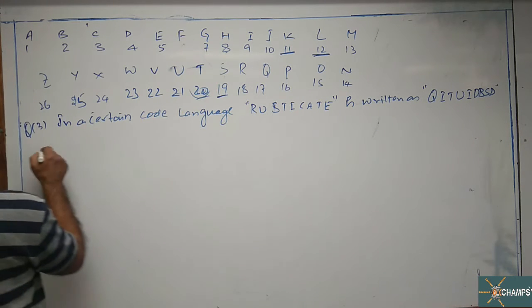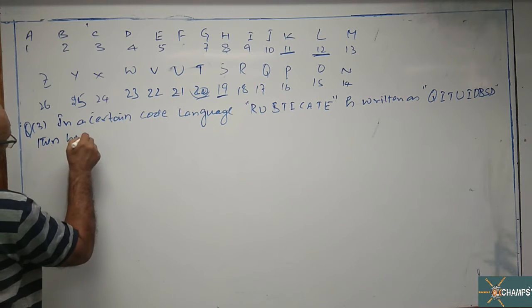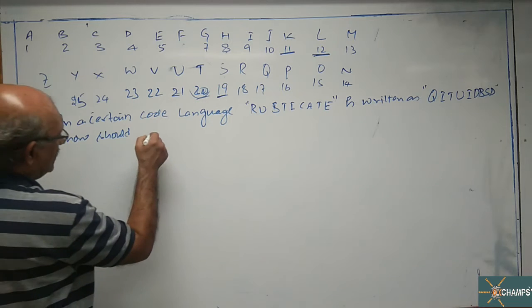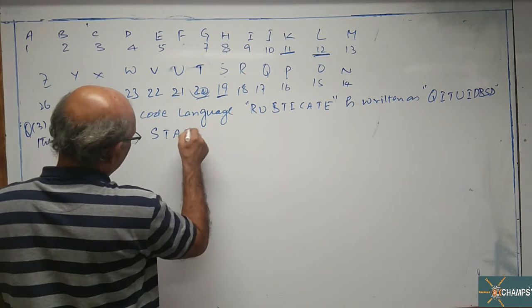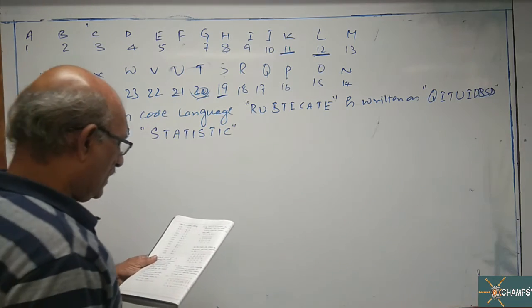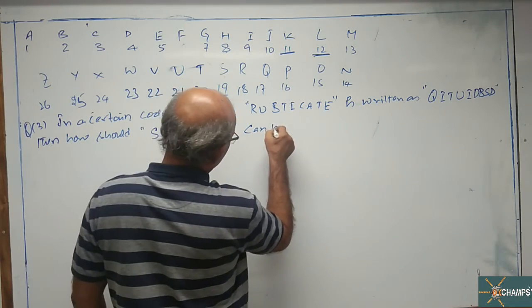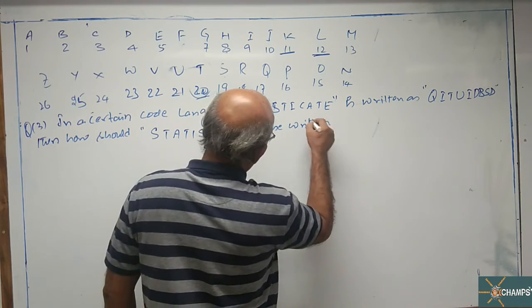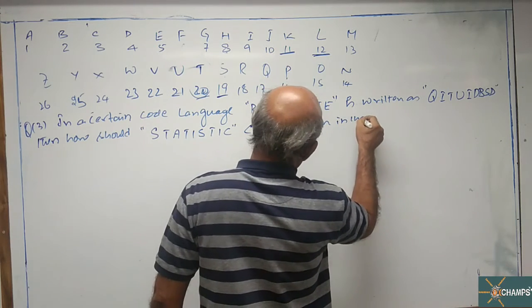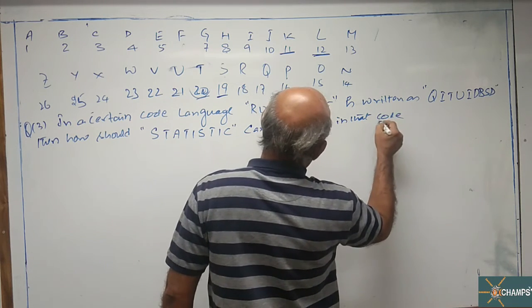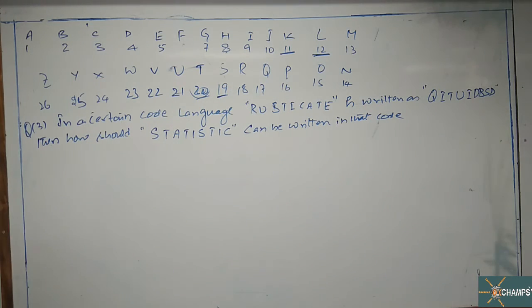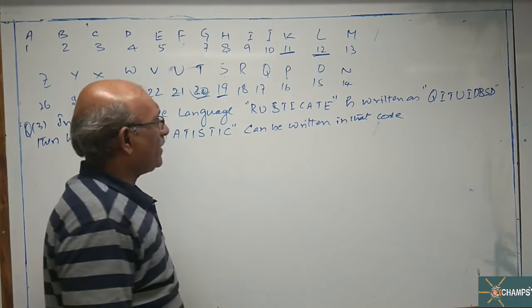Then how should statistic be written in that code? Okay, sir. So this is my question.